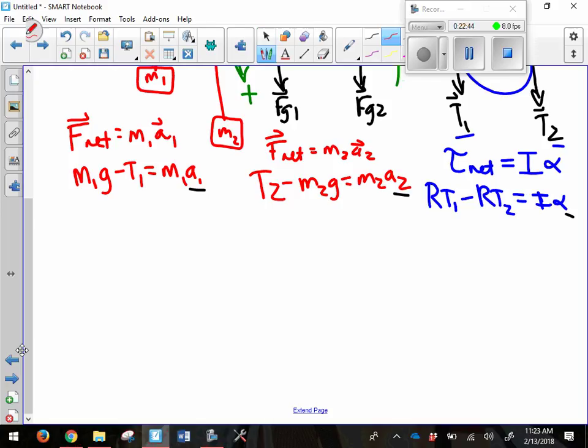So I can say that A1 equals A2 equals A, but what am I going to do about alpha? Well, A and alpha aren't equal to each other.